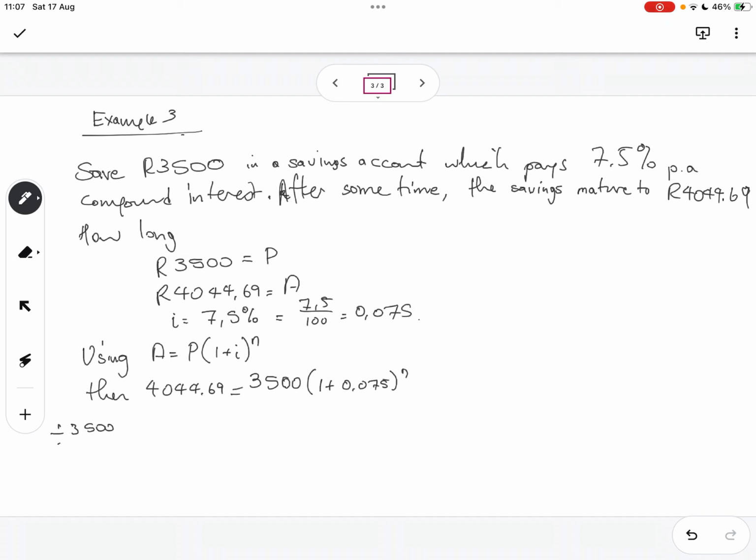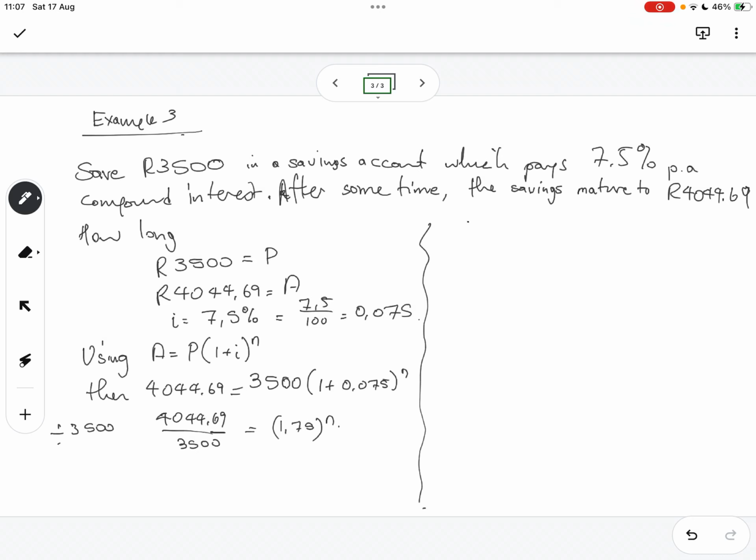Then we will divide, and this will give us 4044.69 over 3500 equals 1.075 to the power n.